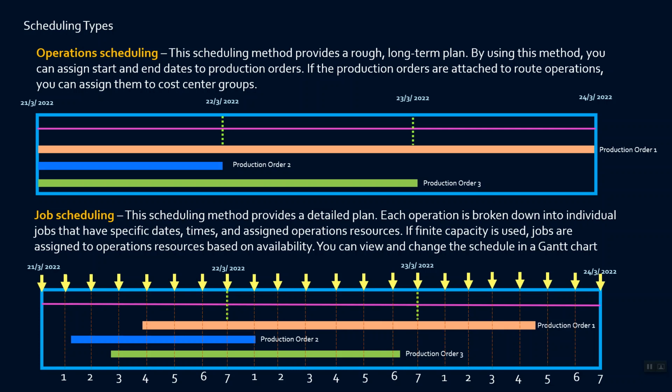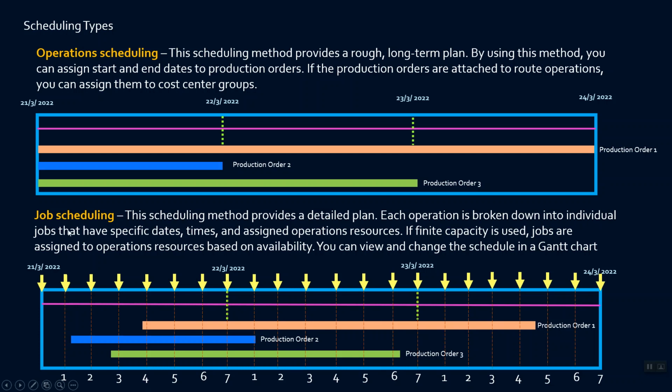And what job scheduling does is it breaks down the individual job on the Gantt chart and it assigns resources based on the requirement. And it does very minute level planning, that is every minute, every hour, every day, every operation. So you can see two examples. In the first example, the same item, same days, okay, but here this particular operation production order will start on this date and it will end on this particular date.